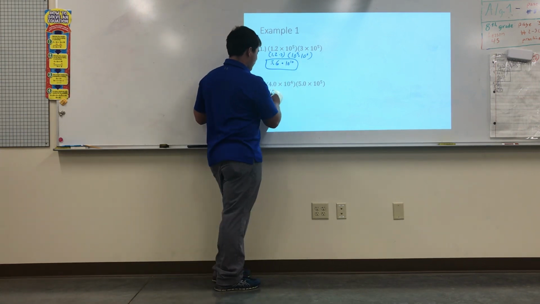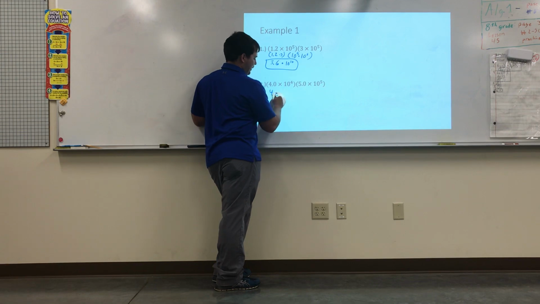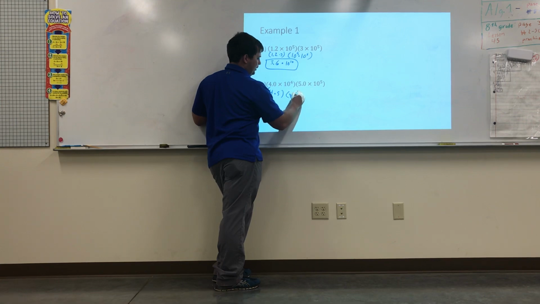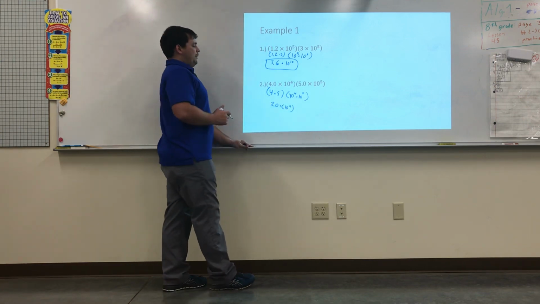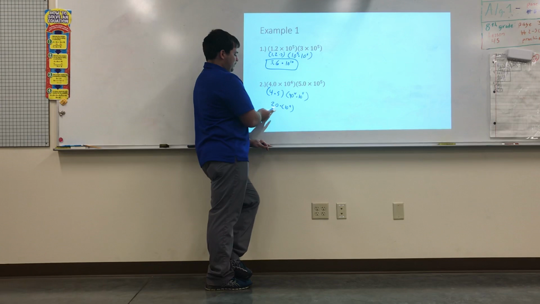Okay, here we have 4 times 5, parenthesis, 10 to the 4th times 10 to the 5th. We multiply up here, we get 20. And right here we get 10 to the 9th. The only thing is, scientific notation only has one significant figure.